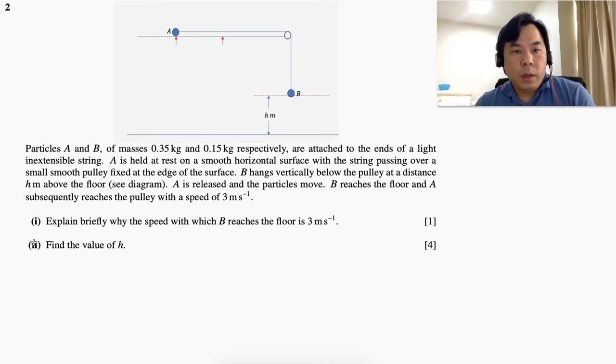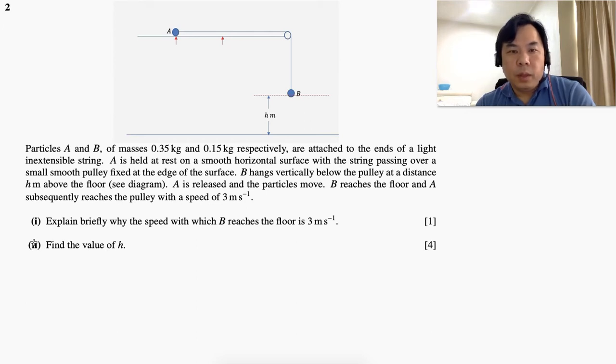Now, particles A and B of masses 0.35 kilogram and 0.15 kilogram respectively are attached to the ends of a light inextensible string, as shown in the diagram. Now, A is held at rest on a smooth horizontal surface with the string passing over a small smooth pulley fixed at the edge of the surface.